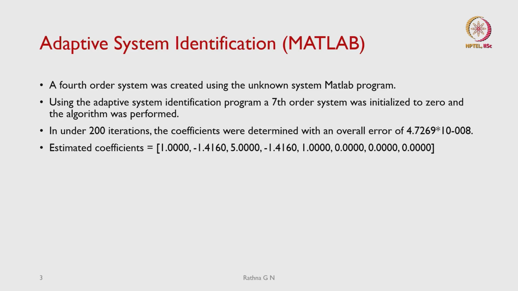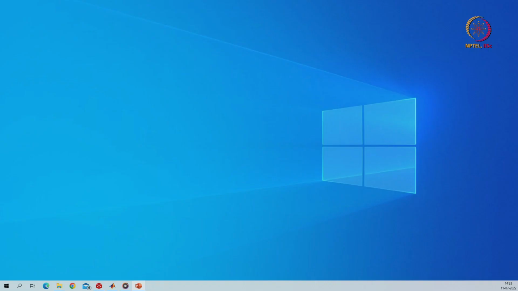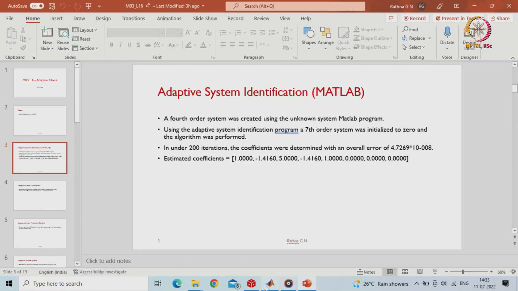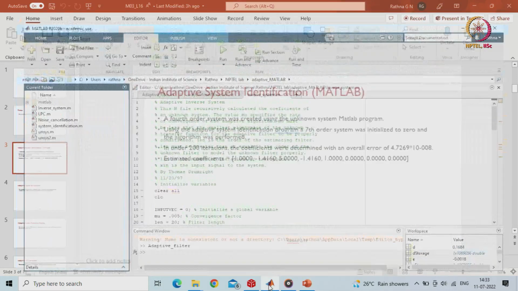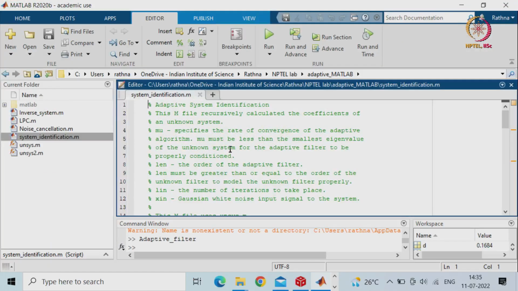In under 200 iterations, the coefficients were determined with an overall error of 4.7269 times 10 to the power minus 8. The estimated coefficient values we will be seeing here. So, we will go back to MATLAB and see whether we get these results. We will see the system identification.